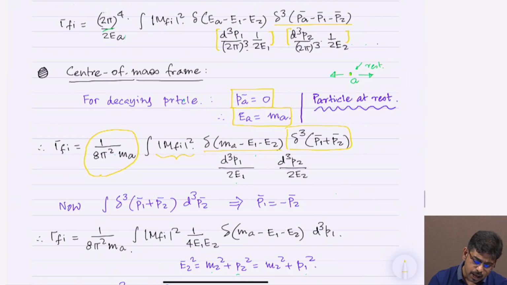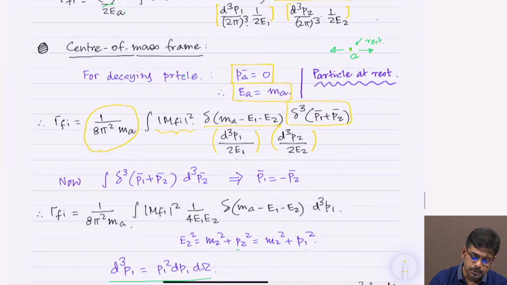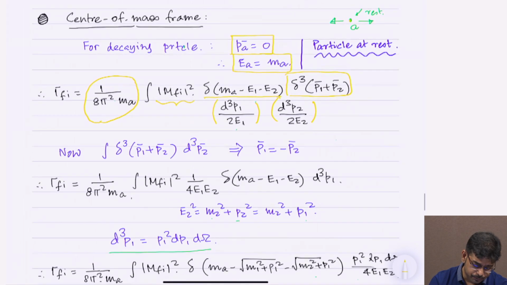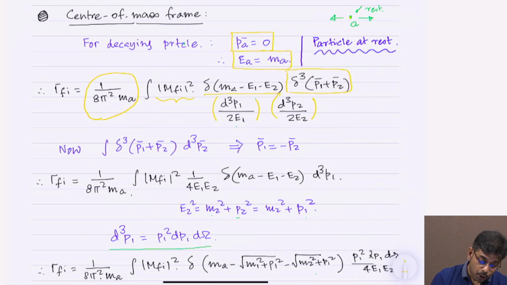That is P1 plus P2 equal to 0. That is what is ensured, and this phase space part, once we have taken out the factors of 2π, reduces to d³P1/2E1 and d³P2/2E2. Now, what does this integral provide? This basically says that I impose P1 equal to minus P2, or P1 plus P2 equal to 0.